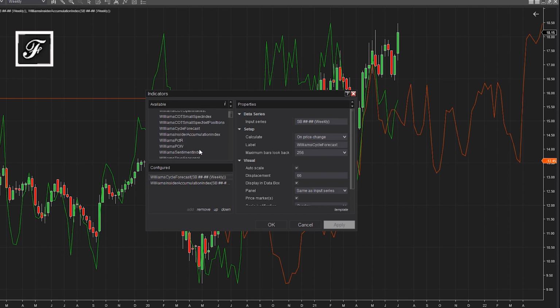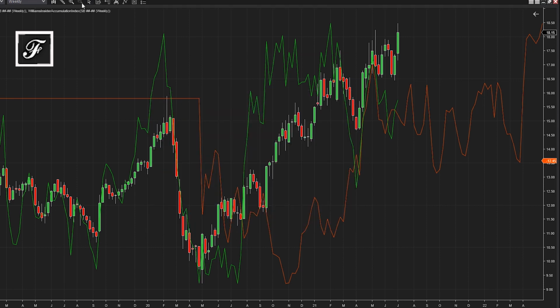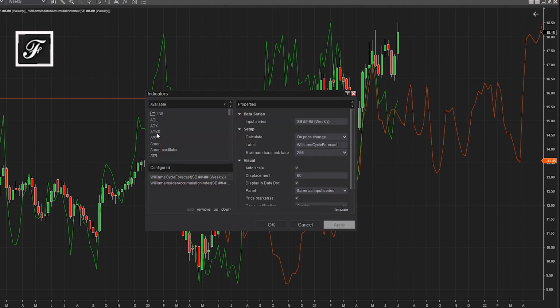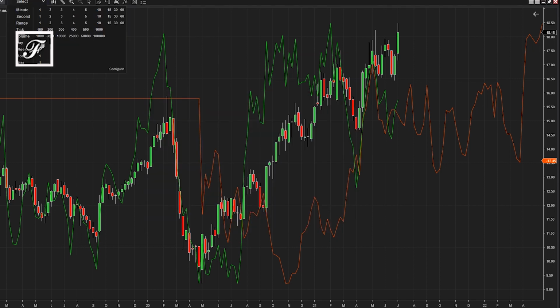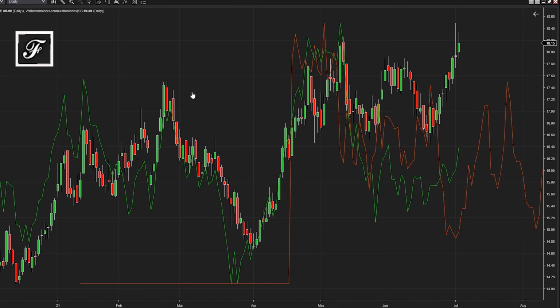I can check this on the daily chart if there is divergence based on insider accumulation as well. Here we go. Yeah, we have one. So certainly watch this market. You can see that potential weakness in this market comes a bit later.